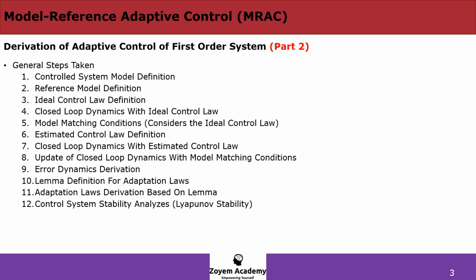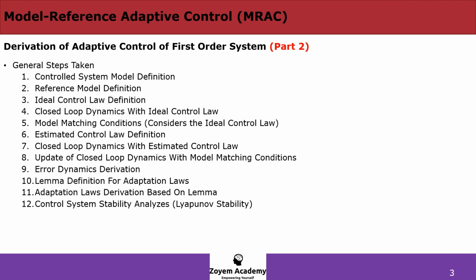And so we will also define an ideal control law and substitute that ideal control law inside the control system model to get a closed loop dynamics. And then we will use the idea of model matching conditions, since we're trying to drive the control system, the actual plant, to follow the reference model. That is how we are going to get model matching conditions.